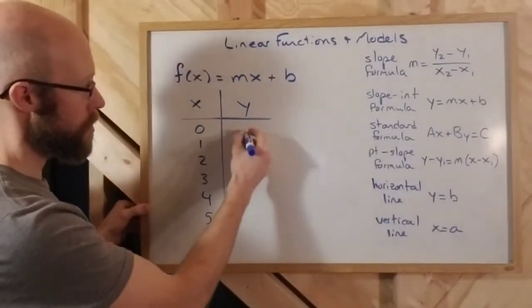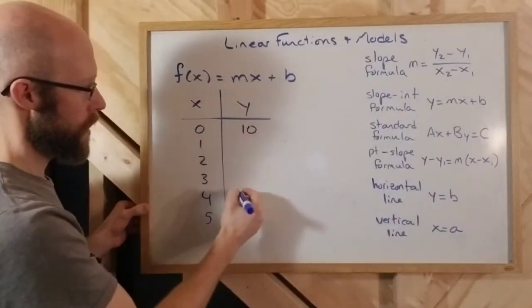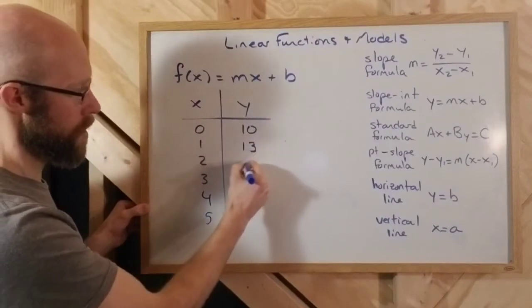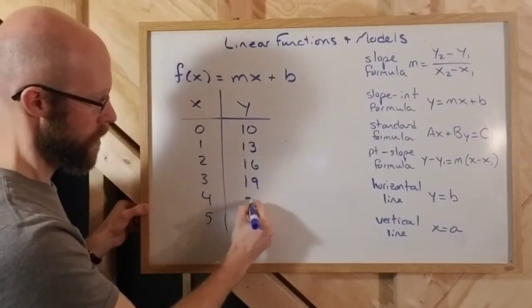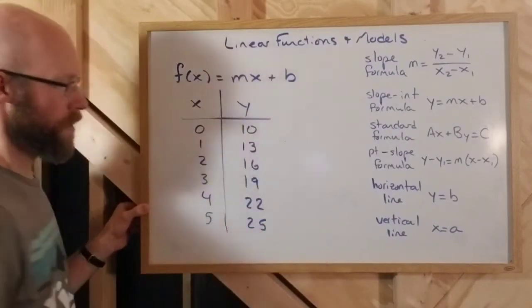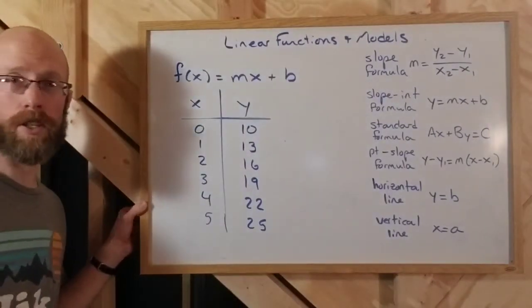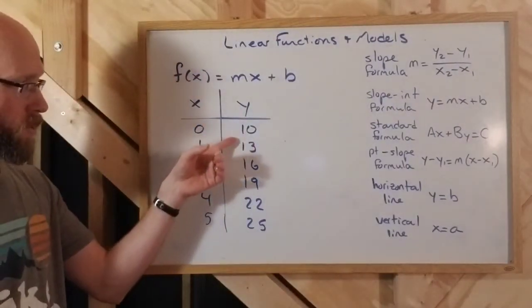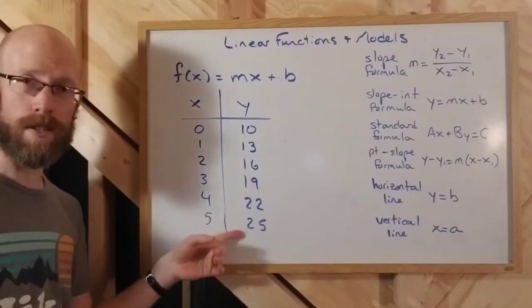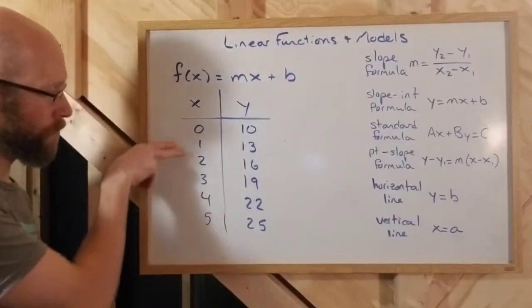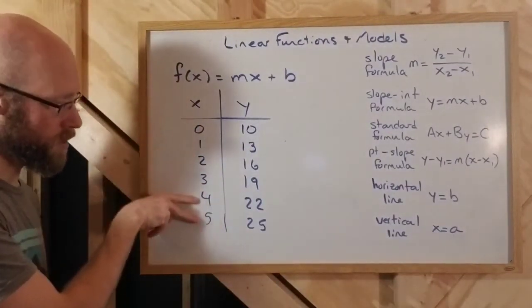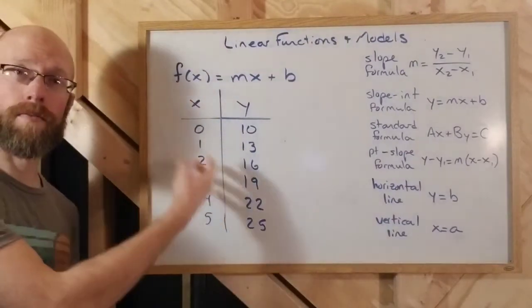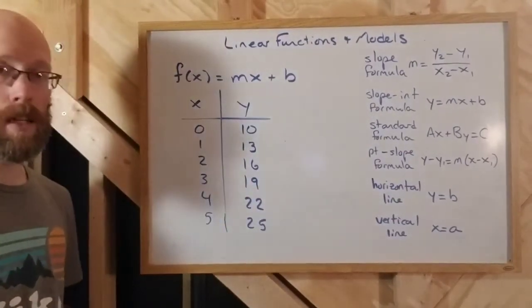So if we were to start at, say, 10 and increase by 3, that would be an example of a linear function. No matter where you start, as long as the increase is consistent, always the same for a consistent increase in x, then you have a linear function.